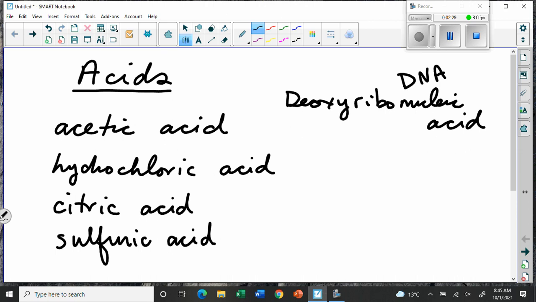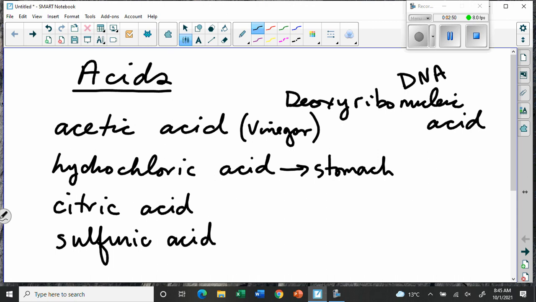So you can see here, we have acetic acid, by the way, I don't know if I told you, is just vinegar, right? That's what vinegar is. We put that on our French fries and we eat it. Some people use it to clean their house. Hydrochloric acid is the acid that's in your stomach that digests your food. Your body actually makes it to digest your food.